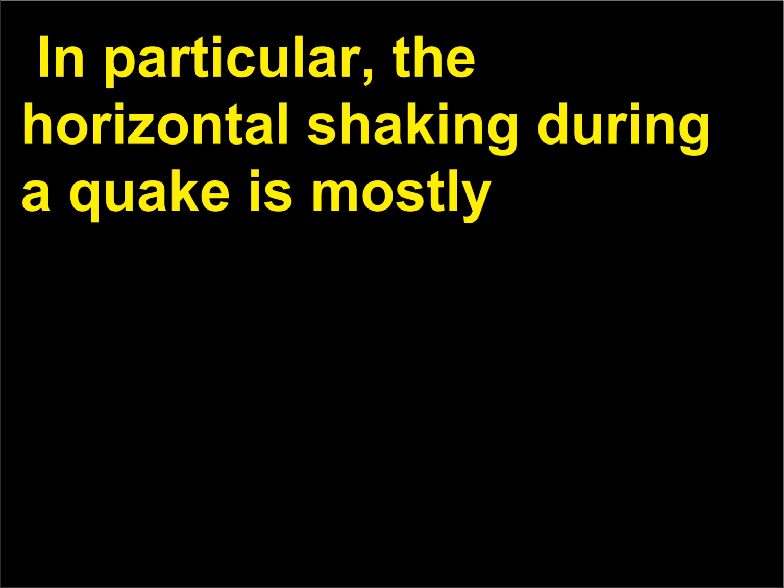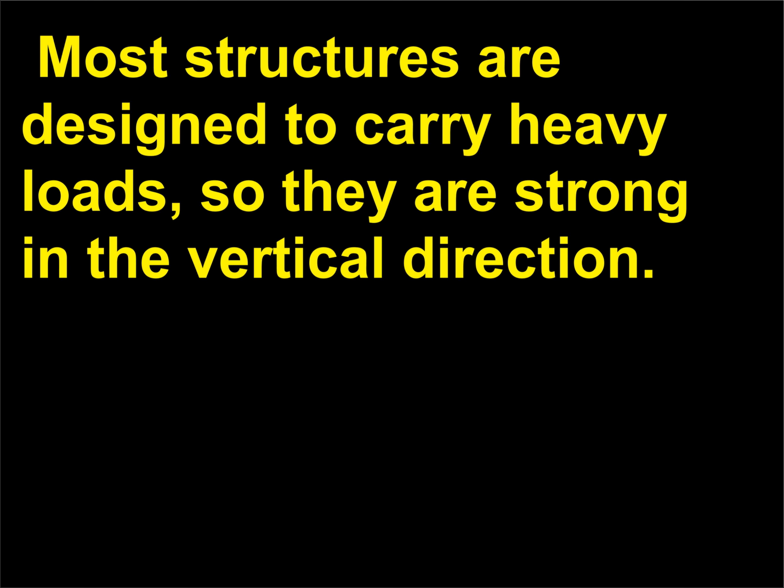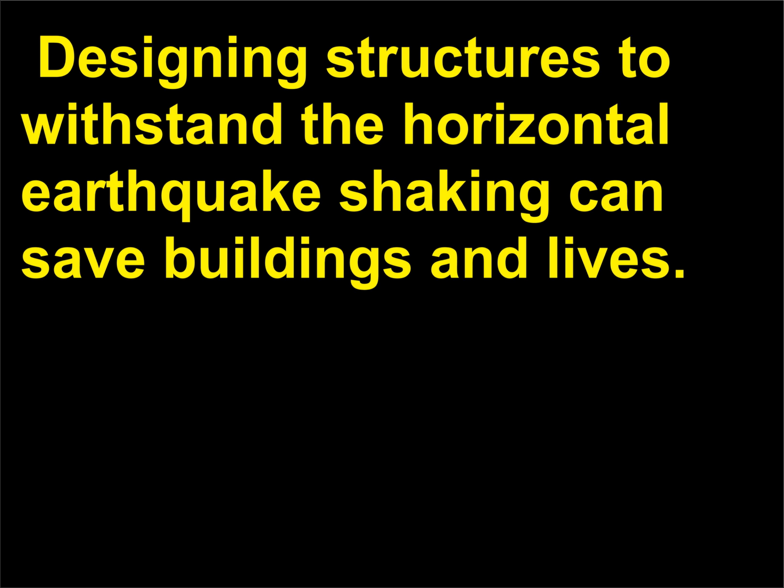In particular, the horizontal shaking during a quake is mostly responsible for causing building or road damage and collapse. Most structures are designed to carry heavy loads, so they are strong in the vertical direction. Designing structures to withstand the horizontal earthquake shaking can save buildings and lives.